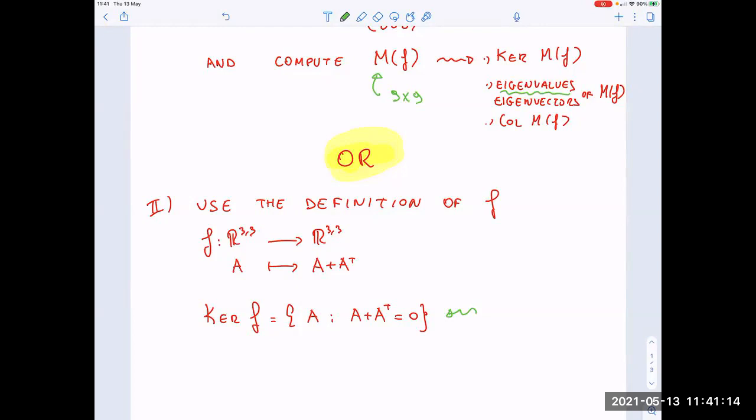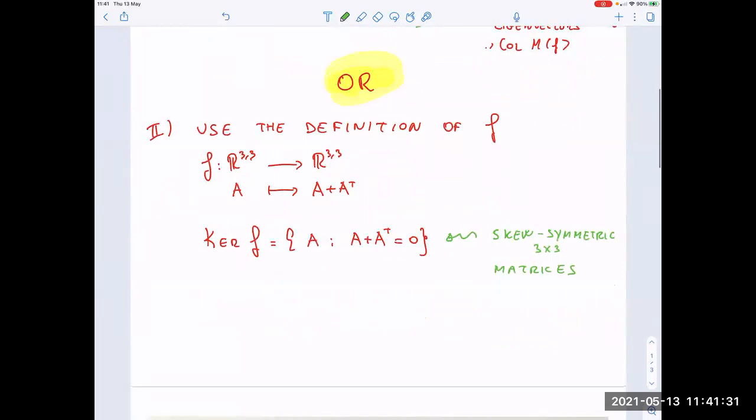So the kernel is given by skew-symmetric 3 by 3 matrices. And so I can write them down explicitly because I know how they look. First of all, on the diagonal, they have 3 zeros. Whenever I put a number here, like A, I will put minus A there.